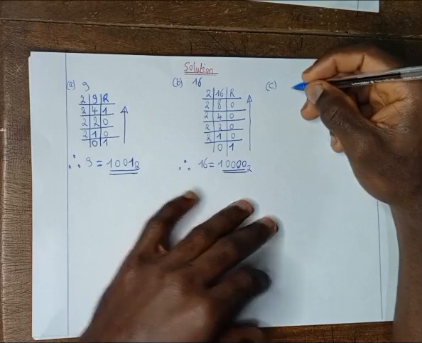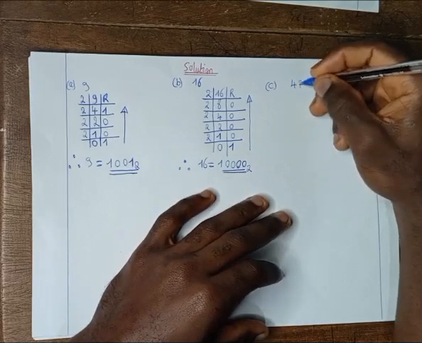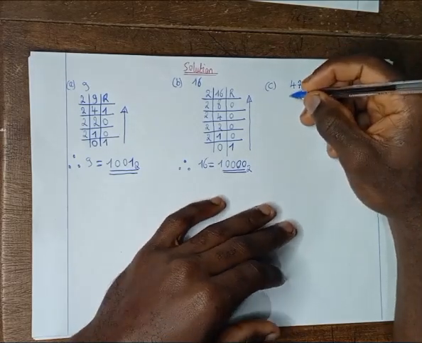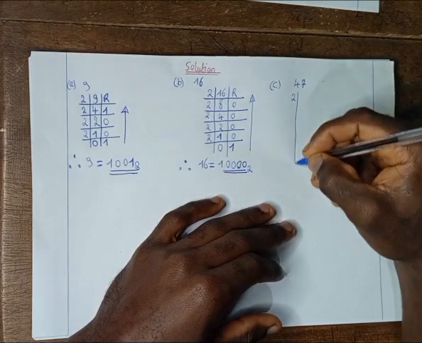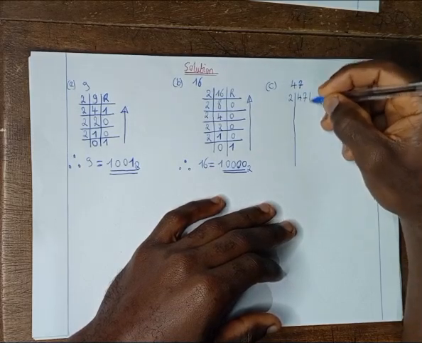For C, we have the number 47. The first column, we have 2. The second, we have the number 47.